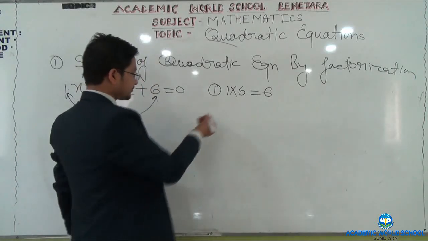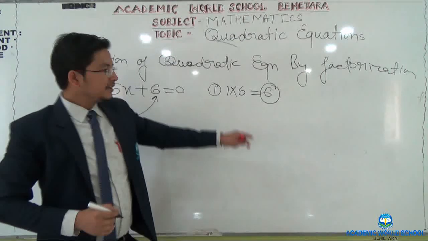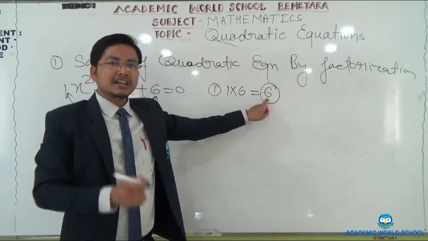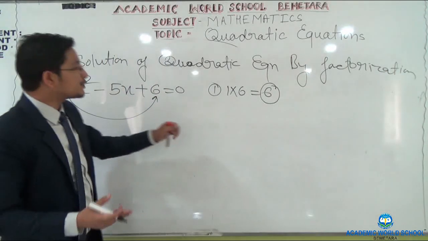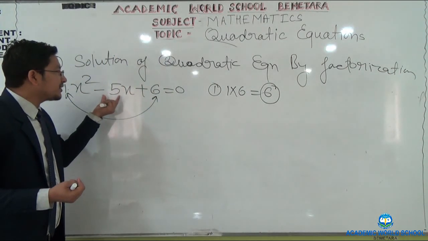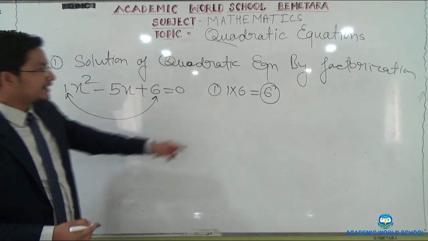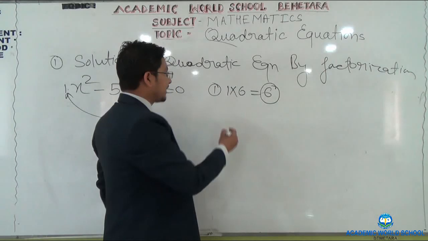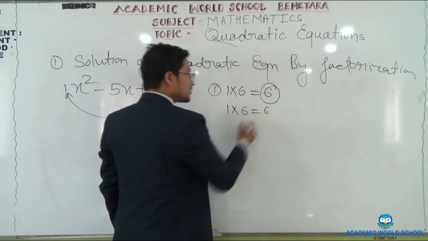Next, after getting this value, we take the factors of 6 in such a way that if I add these two factors, I should get minus 5. What are the factors of 6? I can write 1 into 6 is equal to 6.